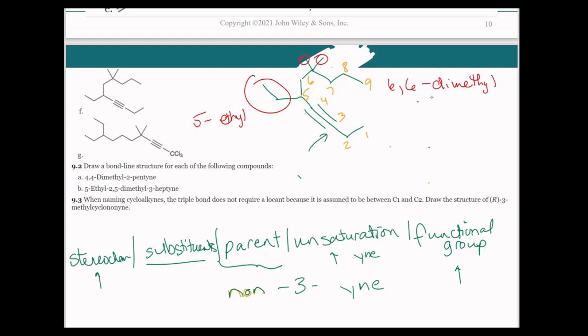All right, so we don't consider di in our naming, but we have M versus E. So the E comes first, not because 5 is before 6, but because alphabetically E comes before M. So we would assemble this name in this way. This would be 5-ethyl, 6,6-dimethyl, non-3-yne. Okay, so in this way our guide can help us assemble the name of our molecule.